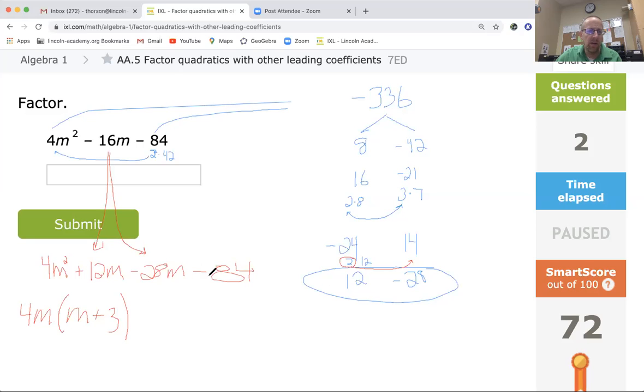And then this one here, though, we are going to factor out a negative. But when you factor by grouping, you've got to make sure your two sets of parentheses are the same. Did that give you the same set of parentheses?